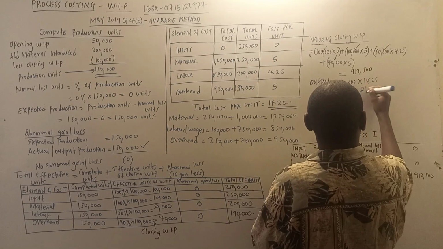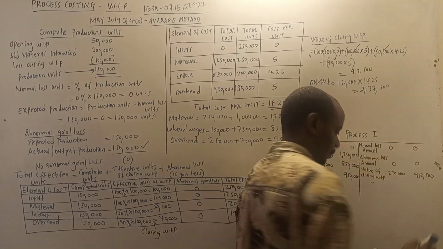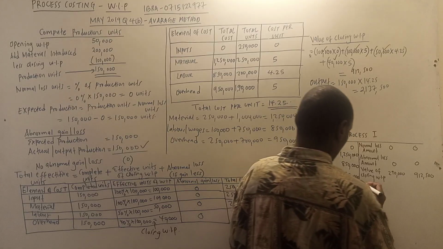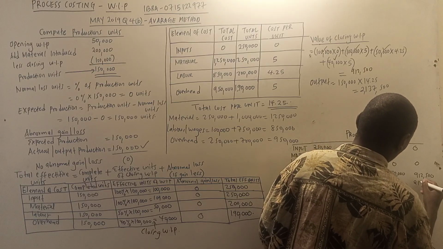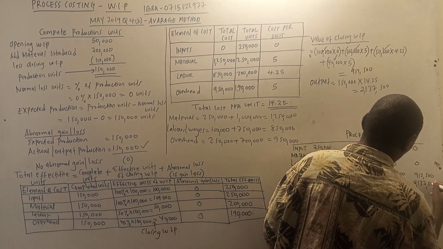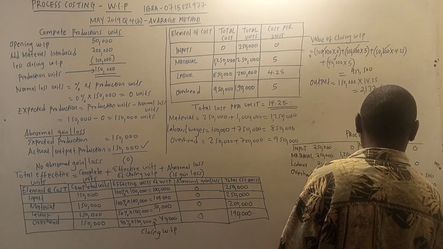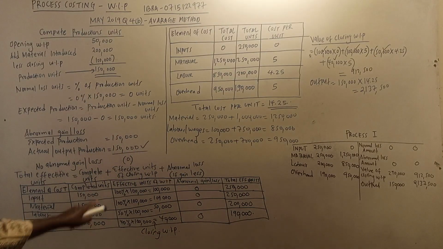That is 2,137,500. So output, 2,137,500. Remember units is 150,000.